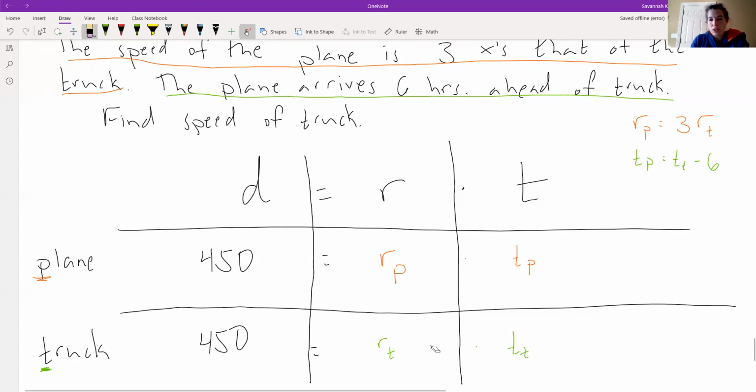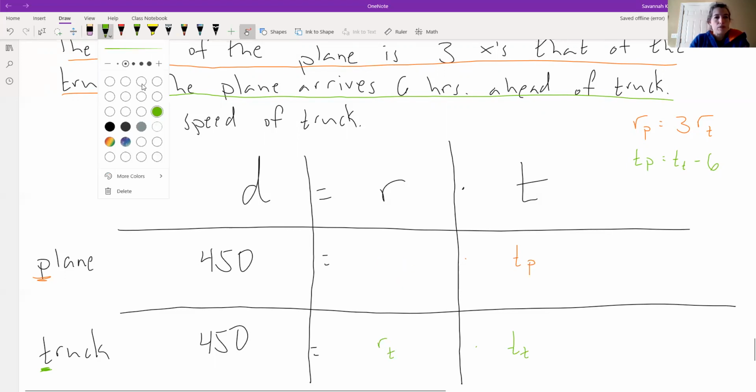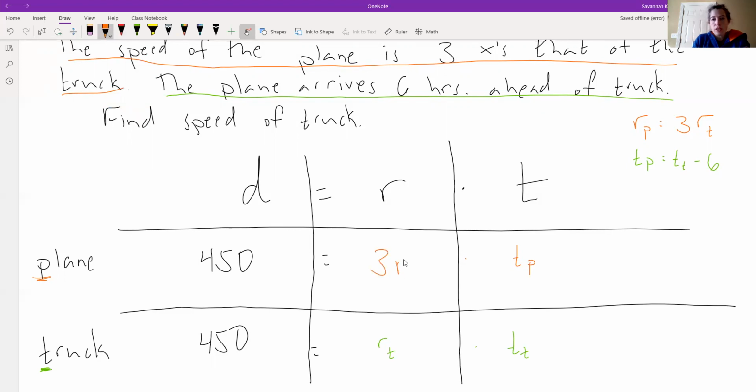So after you see kind of where I'm headed here, I think I was about to work this backwards. RP is 3 times RT, so I can go ahead and make that substitution. And TP is... okay, so I think unhelpfully what had happened to me here is the color coding was maybe not helpful.